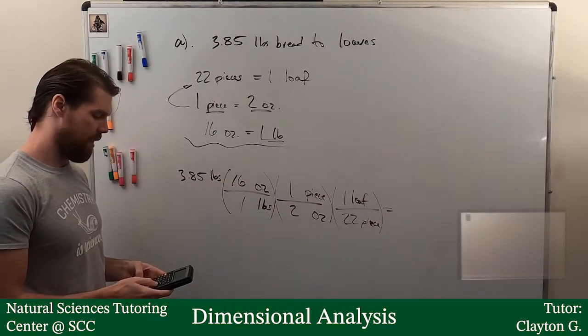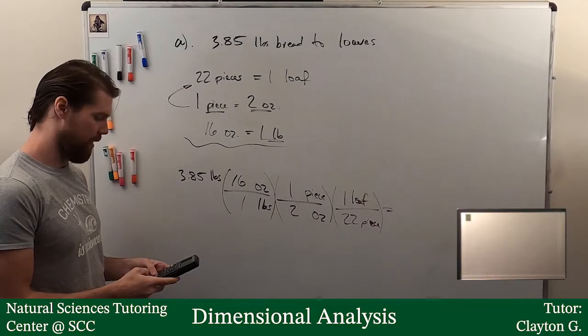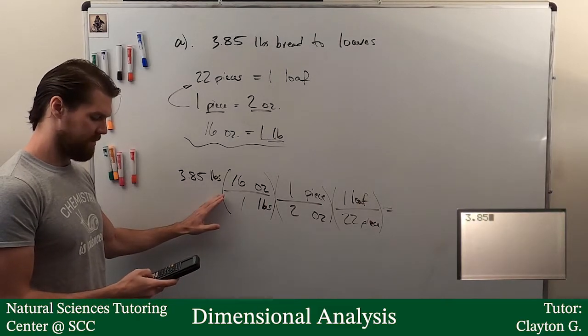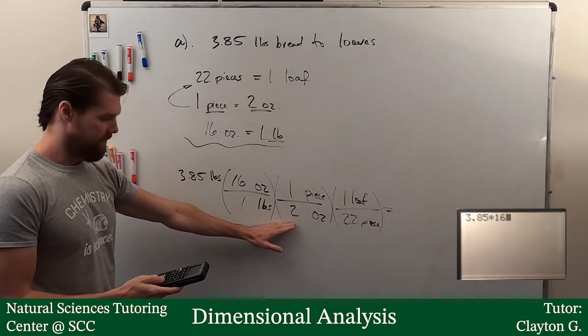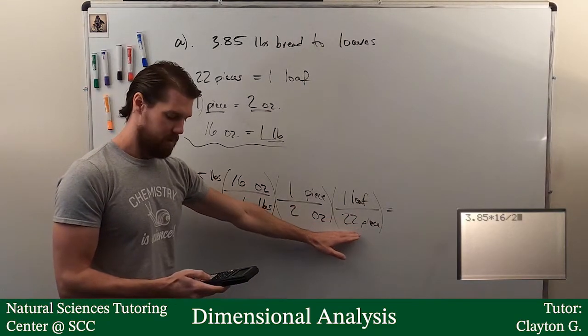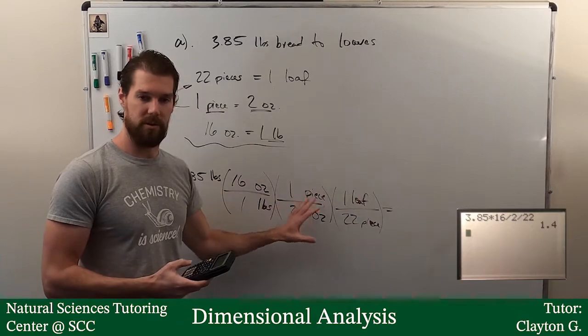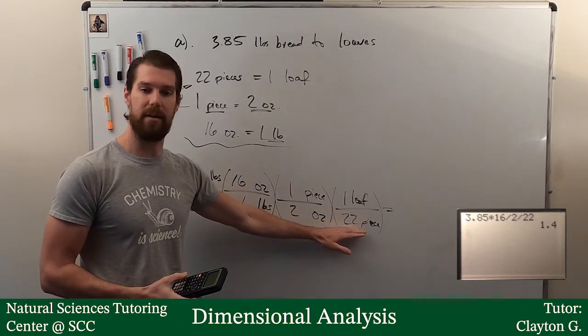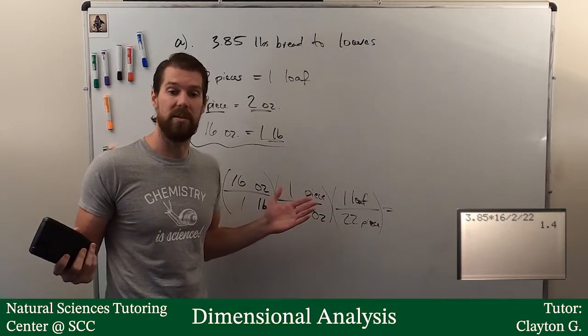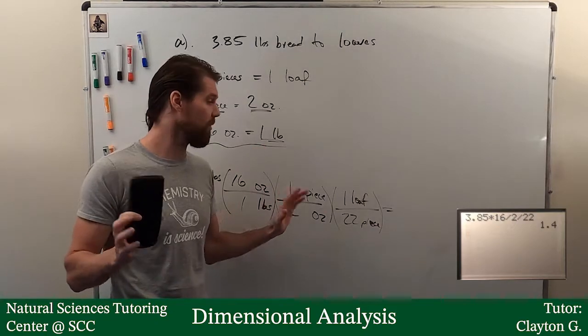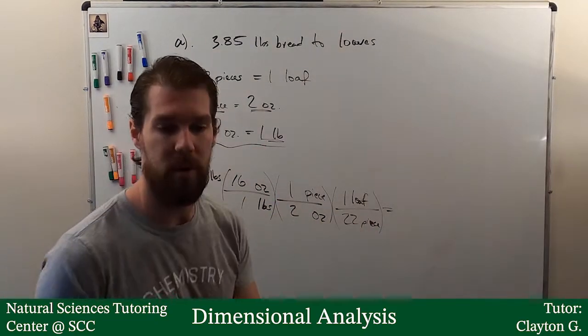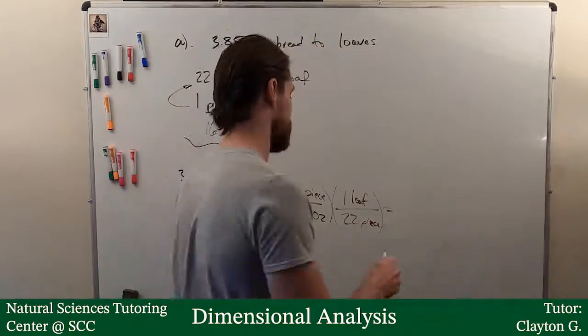So when I'm putting this into my calculator, I'm going to say 3.85 times 16 divided by 2 divided by 22. Might look weird in your calculator to say divide and then divide, but if it's on the bottom, we just divide it. Problem solved. No more thinking about it. I'm going to get 1.4 loaves of bread.